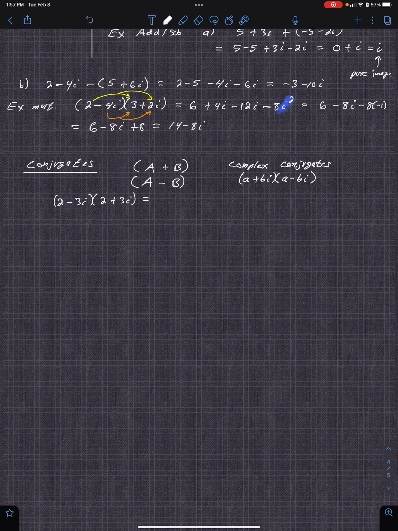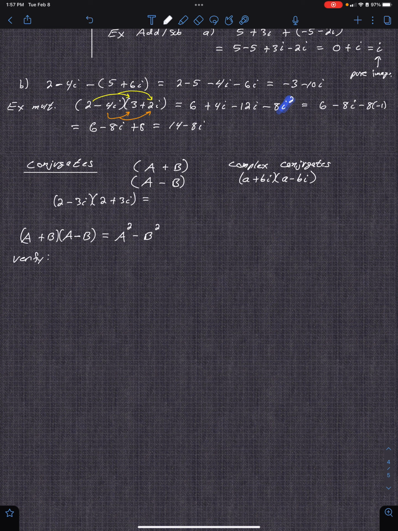And I'm going to remind you, when you have a plus bi times a minus bi, anybody recognize that form? That's the form of difference of squares. That's a squared minus b squared. Okay, and you can verify that by multiplying it out. I'll leave that to you to do.